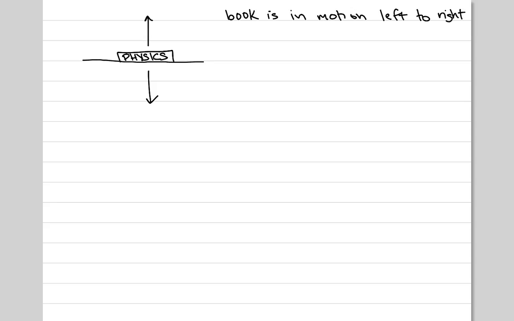Okay, so now the book is in motion left to right. Watch the book. What happened to the book? It stopped. It had motion, but then the motion ceased. So did it maintain its state of motion, or did the motion change?